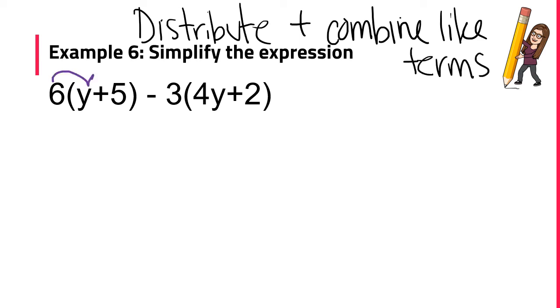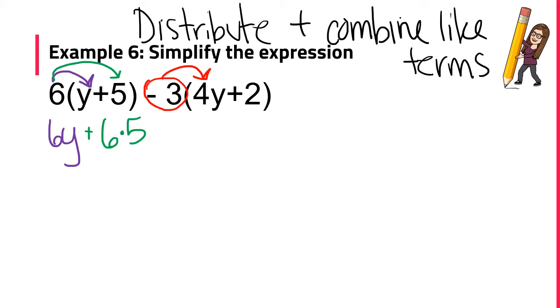So the first thing, I'm going to use colors for this. I need to distribute. So I have 6 times y, and I have 6 times 5, all positive. I also have, ooh, be careful, this is a negative 3 times 4, and it's a negative 3 times positive 2.